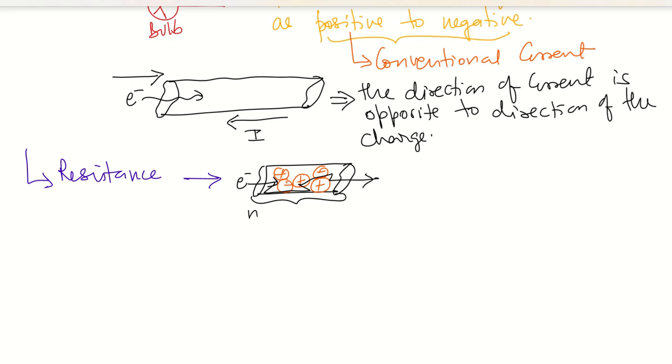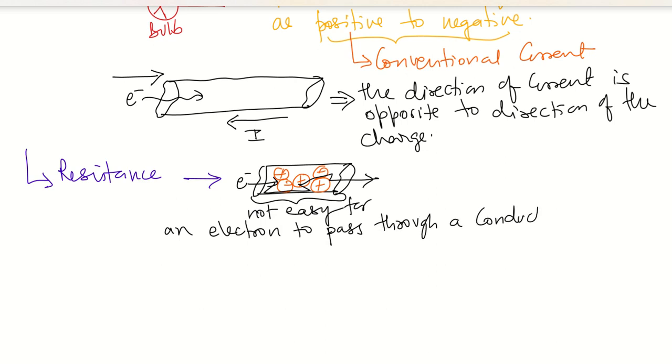So it is not easy for an electron to pass through a conductor. That's very important.